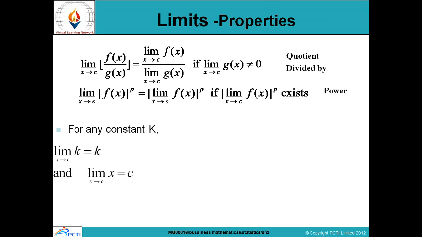Then the division or quotient rule: limit as x tends to c of f(x) upon g(x) equals limit as x tends to c of f(x) upon limit as x tends to c of g(x), if limit as x tends to c of g(x) does not equal 0. For any constant k, limit as x tends to c of k equals k, and limit as x tends to c of x equals c.